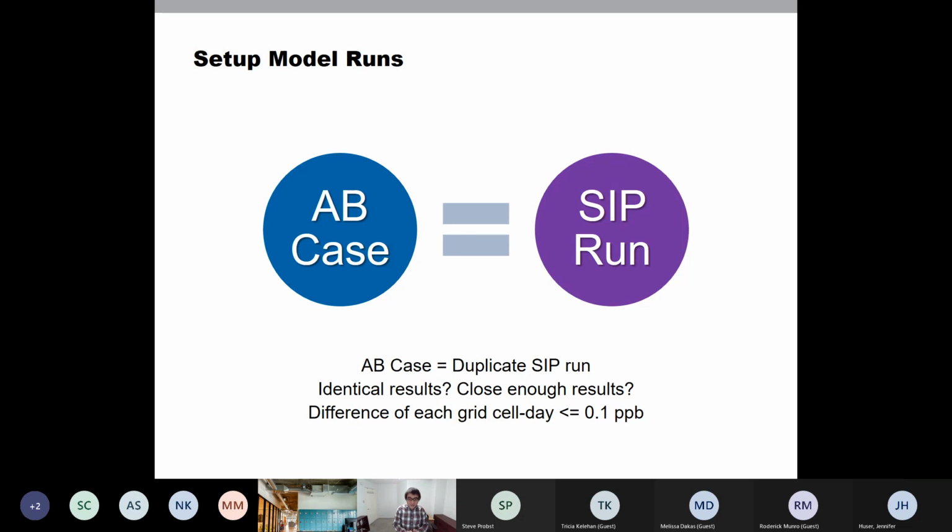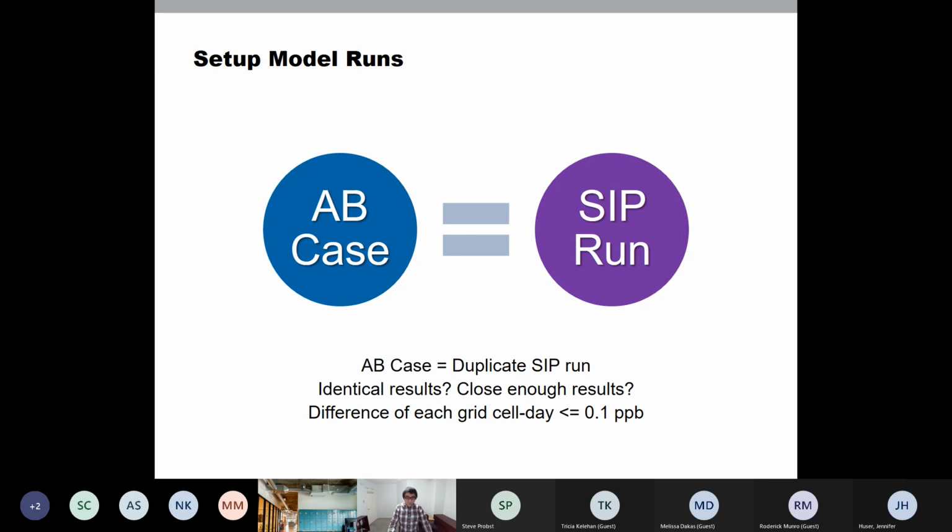We'll set up this case to be pretty much equivalent to the SIP, or state implementation plan, run that the state has put together. The state or the regional agency conducts a regional ozone model, and they have those ozone runs done.